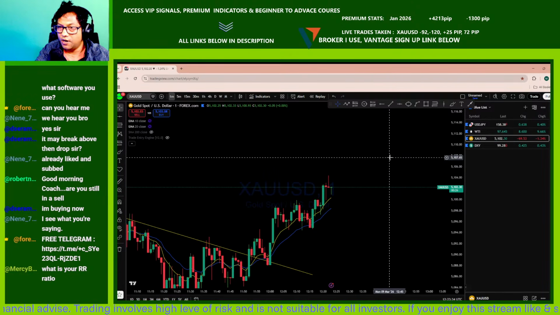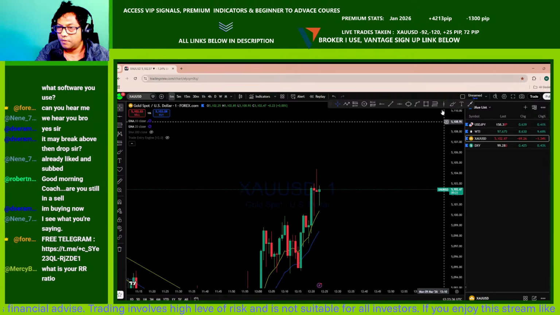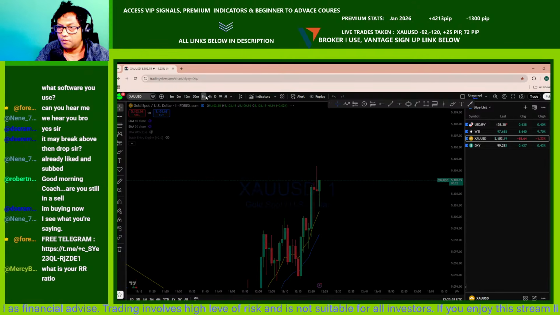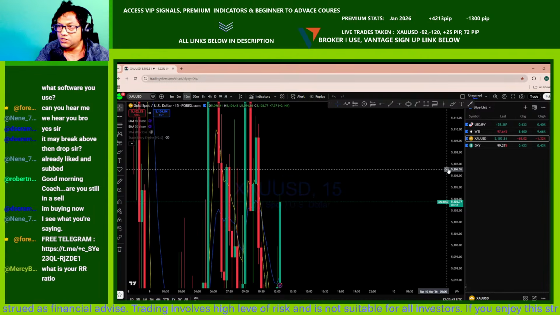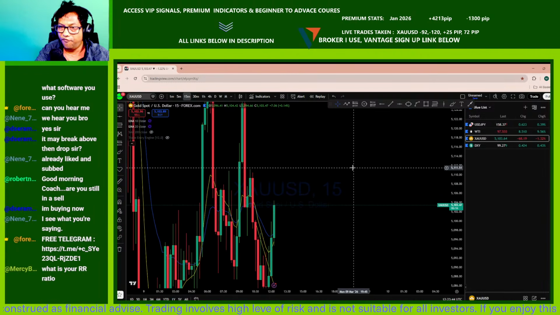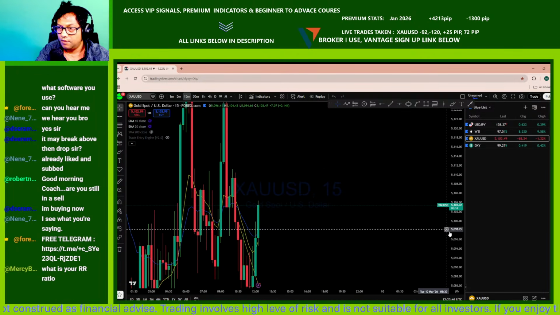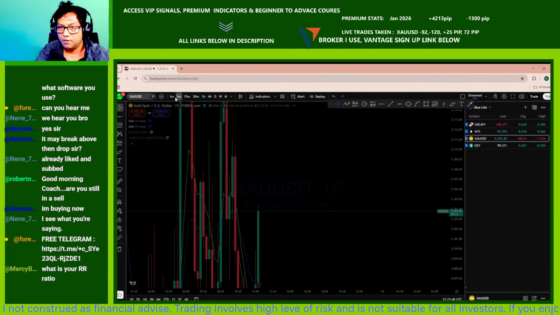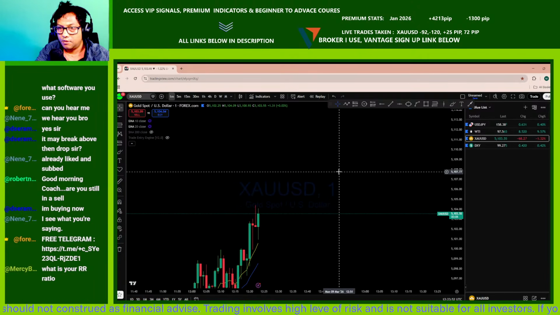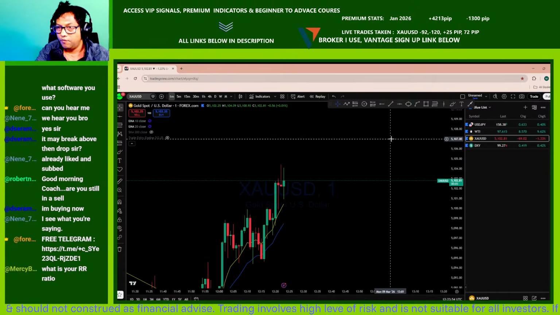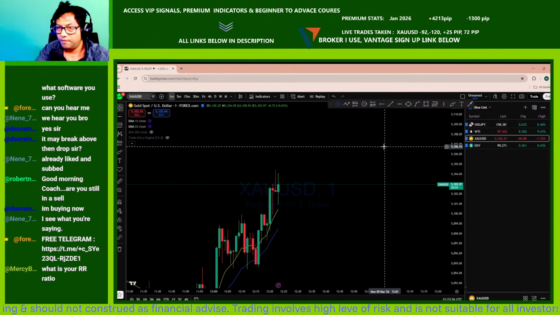Back to back 2 pin bars. Was this a pure false breakout? If you look at here, that might be.